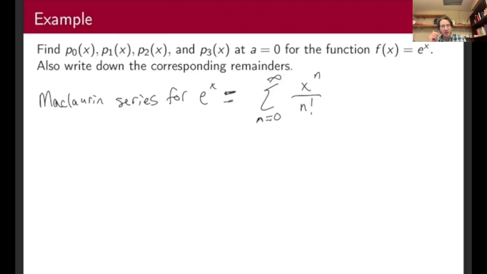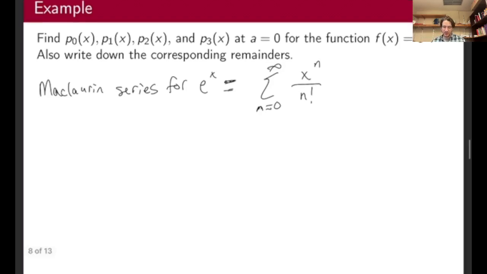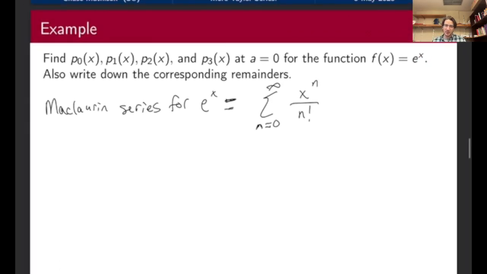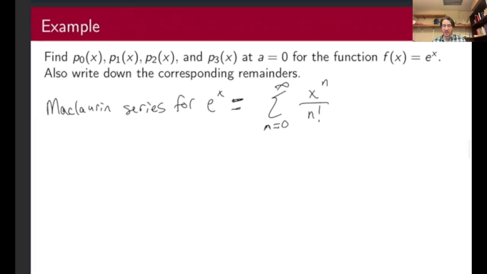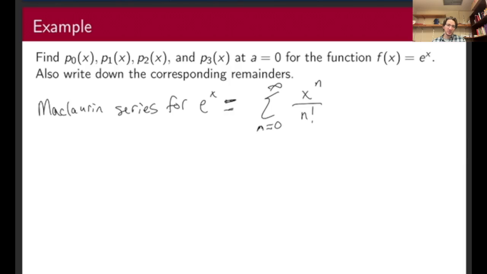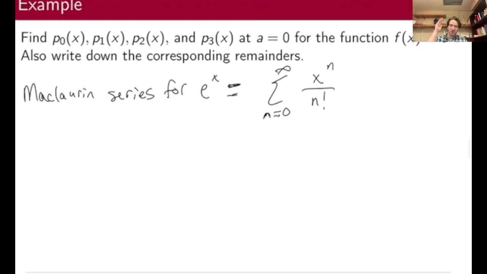Okay, pretty cool stuff. So how do we use this to write down the Taylor polynomials centered at 0? Well, I just chop these off at the corresponding terms. So P0 of x is literally the sum n equals 0 to 0 of x to the n over n factorial. It's literally just the first term in the Maclaurin series, which is 1.